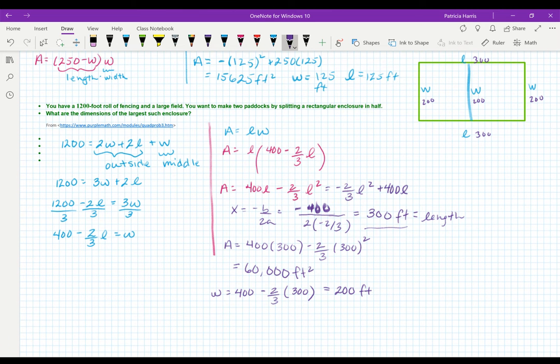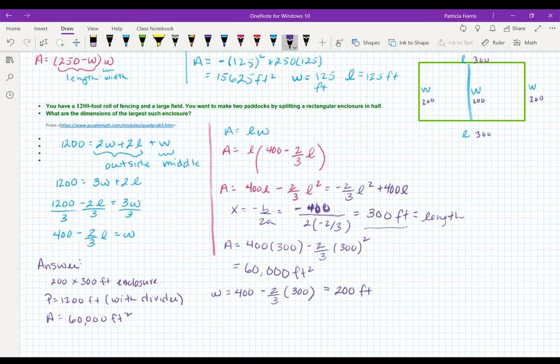So we have a 200 by 300 foot enclosure with a perimeter of 1,200 feet, with divider, and an area of 60,000 feet squared.